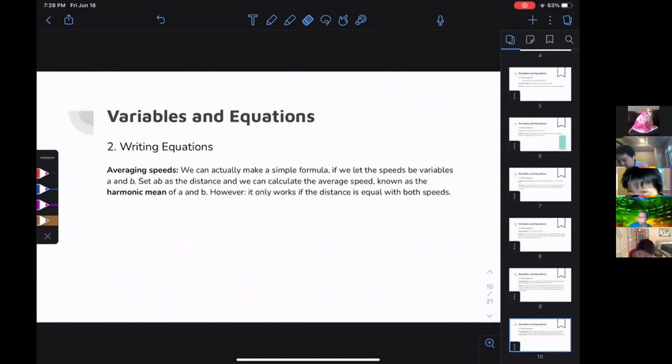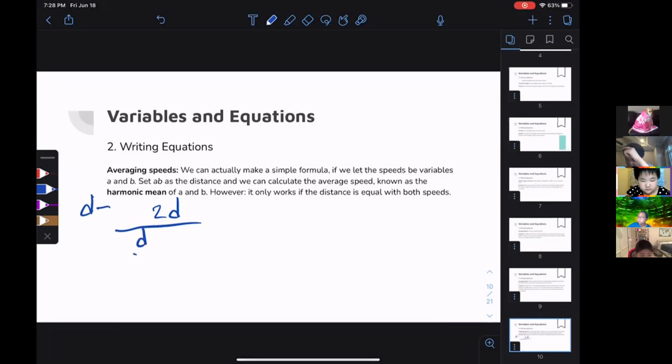And so moving on, as I mentioned earlier when I was hinting, the average speed doesn't actually depend on the distance if we know that the distance or the work done is equal for both speeds. If you have the speeds a and b, then using distance equals rate times time, the total distance is 2d if d is the distance traveled in both legs.